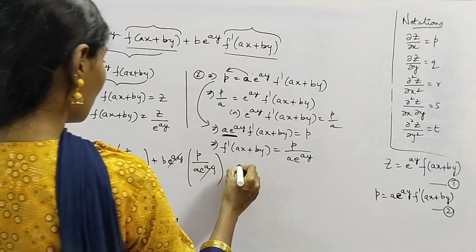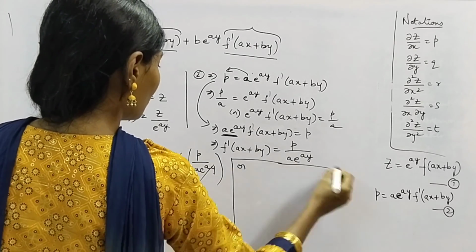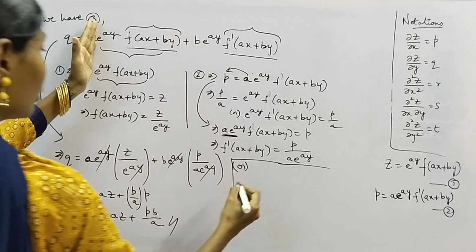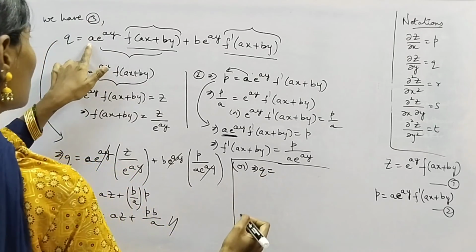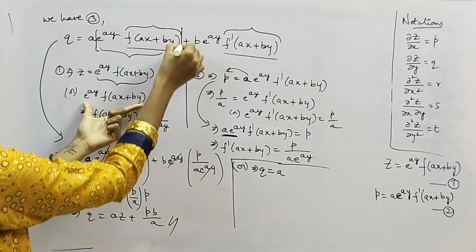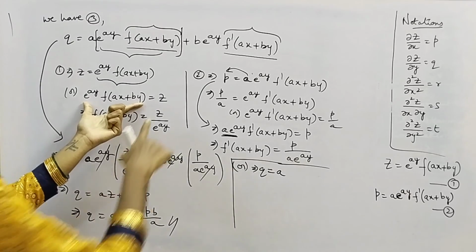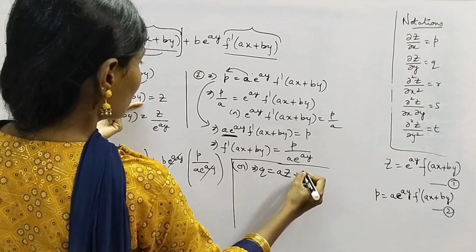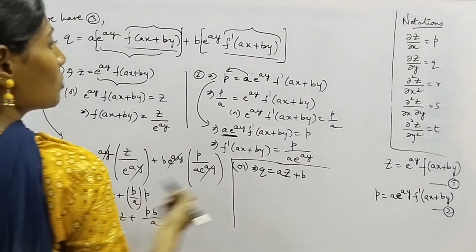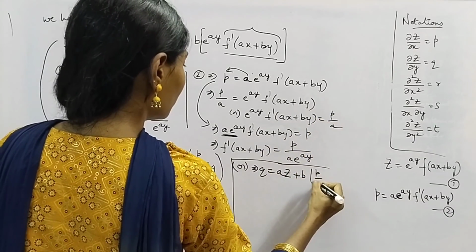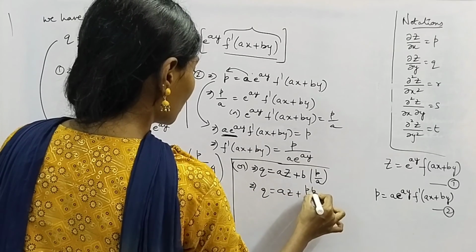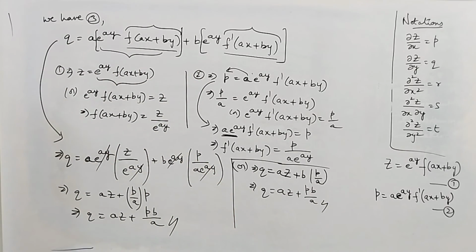Right? Fine. Now let's see another way. Suppose I am replacing e power ay f of ax plus by with z, then I'll get q equal to az plus b into, I'll replace e power ay into f dash of ax plus by using p by a, which gives us q equal to az plus pb by a, which is the required partial differential equation.